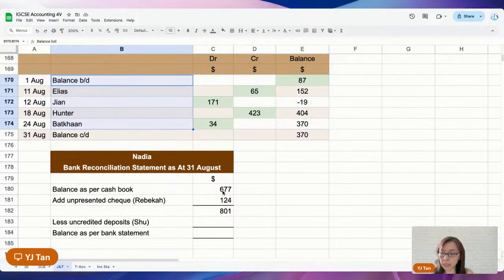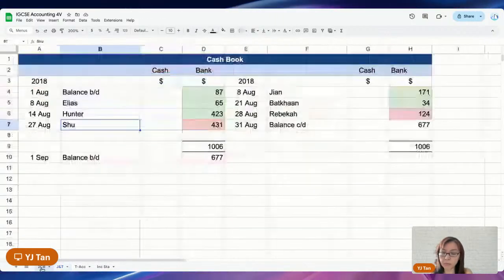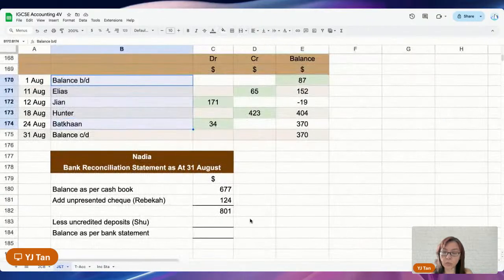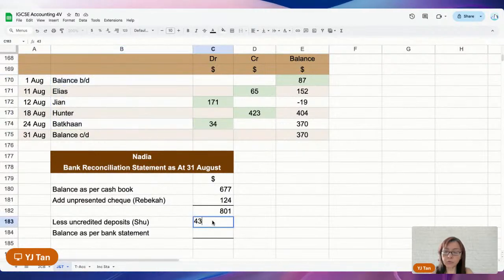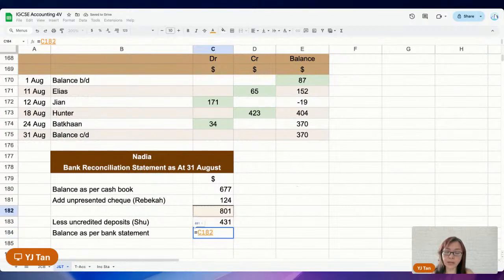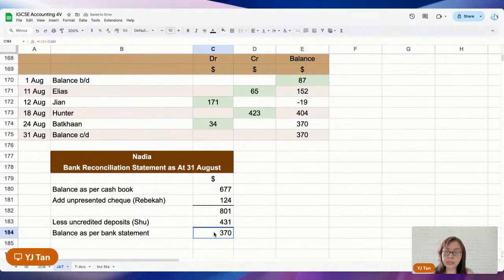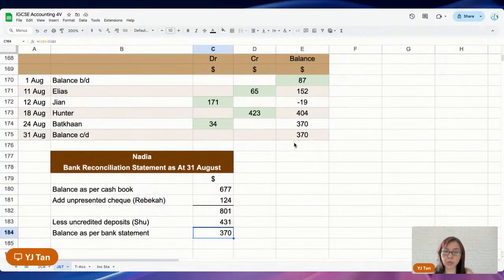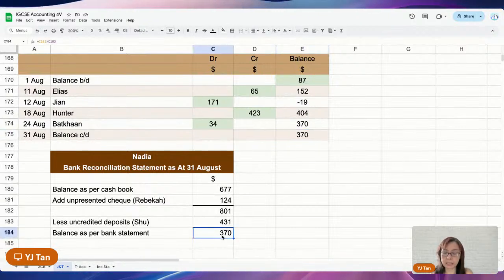The amount is 431. So you need to less it, and after you less it, it's 370. As you can see, after you make this adjustment, these two amounts are the same.